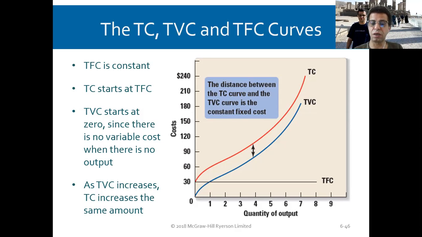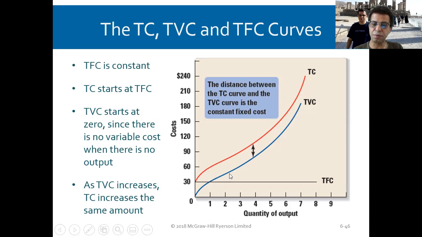So you notice here, as we start up, we have a fixed cost, doesn't matter what we are doing, and your total fixed cost is there if you're not producing anything. As you start beginning, at this point, when you start producing, total variable costs start with you buying things and start producing.